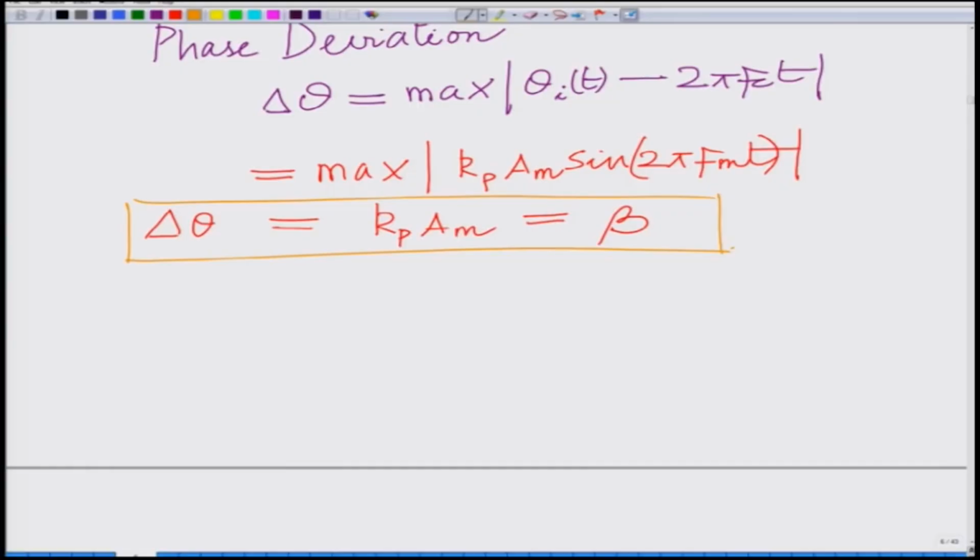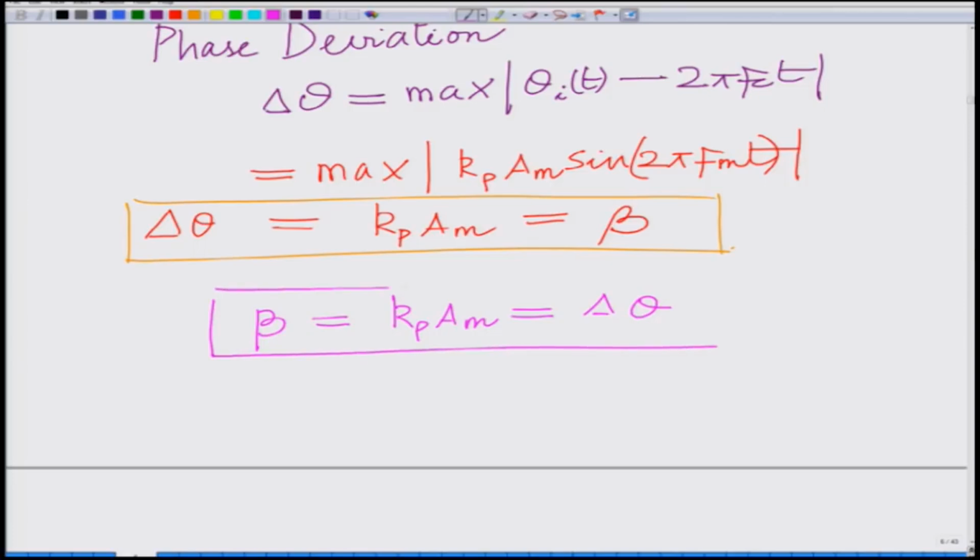So what we have derived is that beta, the modulation index, equals k_p times A_m, which is also equal to delta theta.